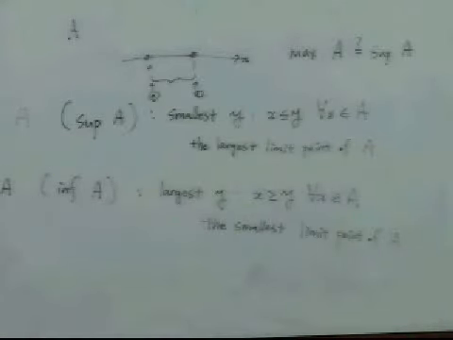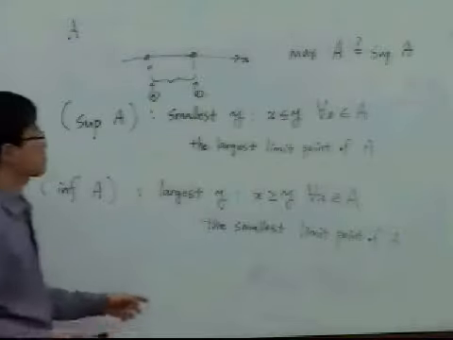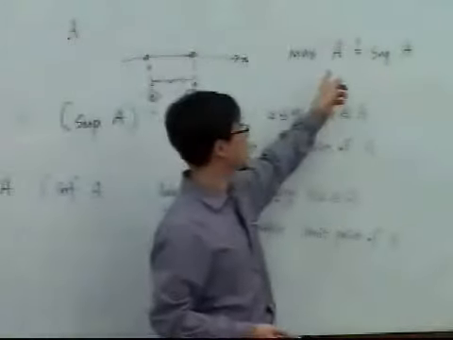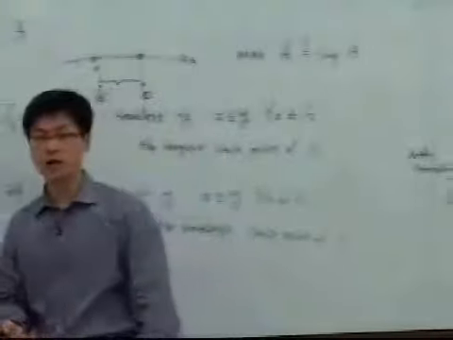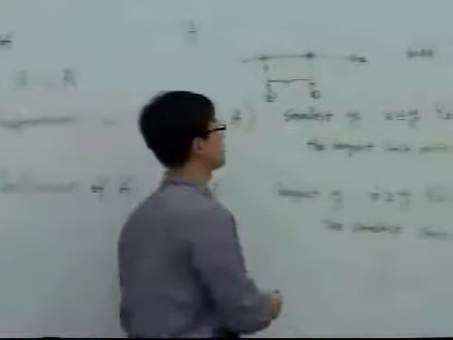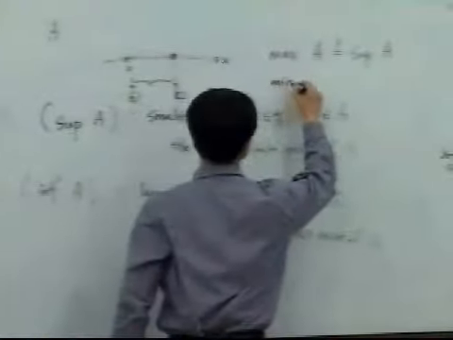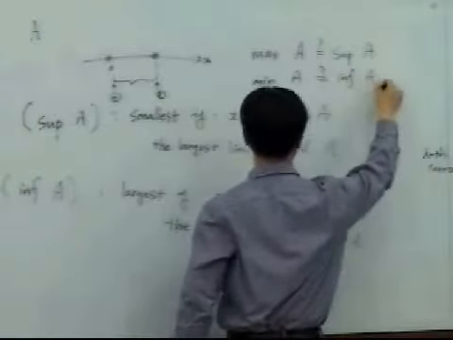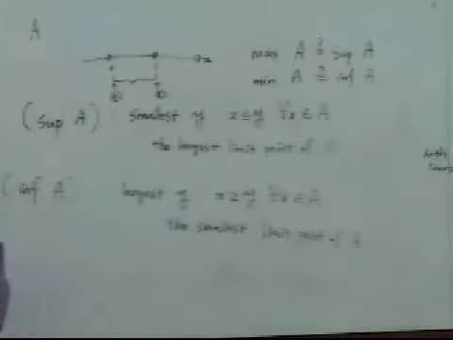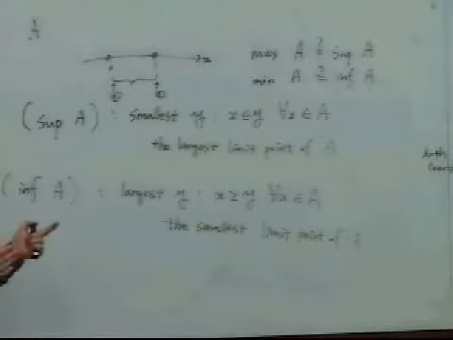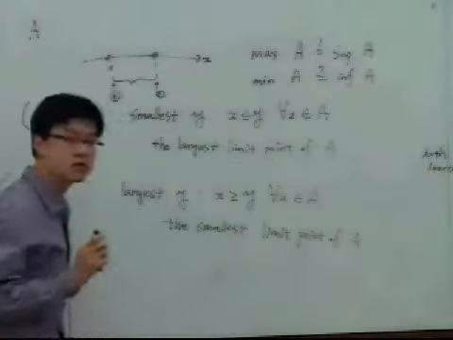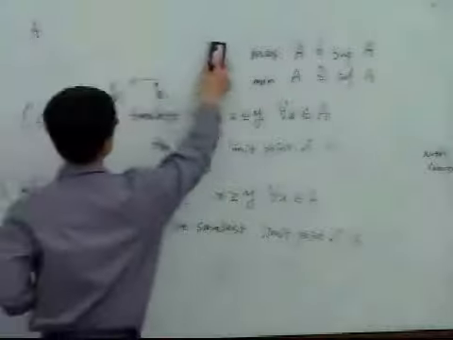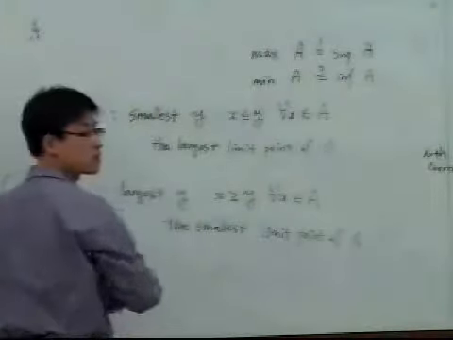So, back to my original question: is the maximum value of A equal to sup A, and the minimum value of A equal to inf A? What do you think? It looks like it's the same, right? But let me ask this question. Exactly the same.